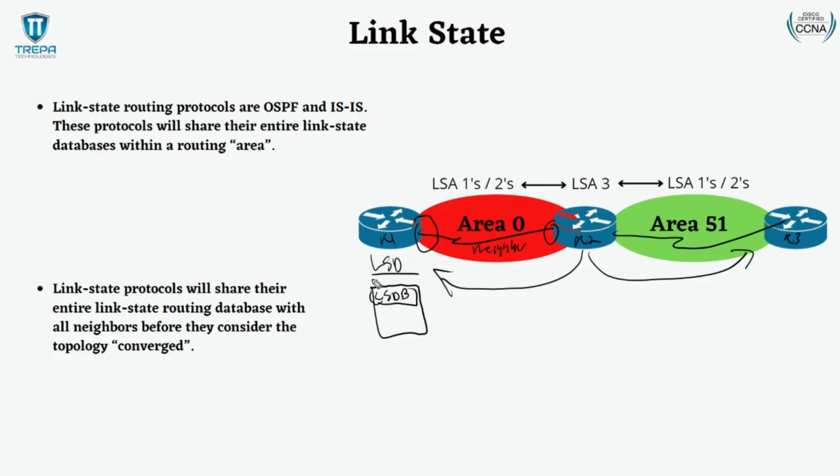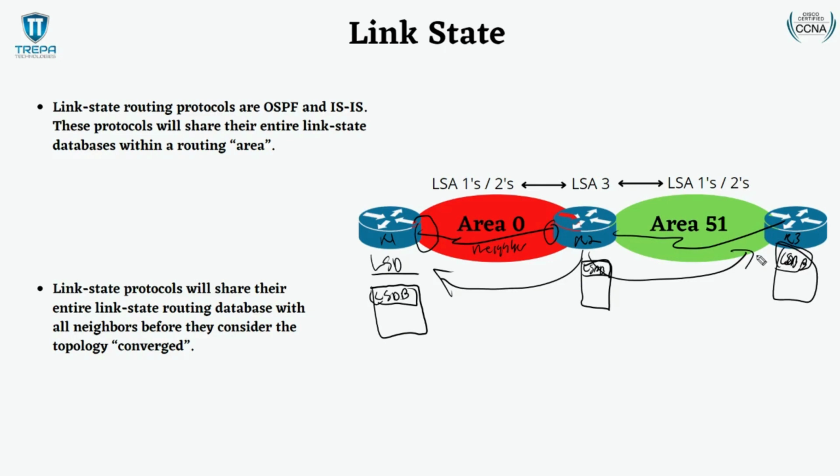So with a link state routing protocol, we get full convergence, and we know about every single network and route out there on our enterprise because we all have the same link state databases. Once all those link state databases are synchronized, we have what we call full convergence, or our topology has converged.